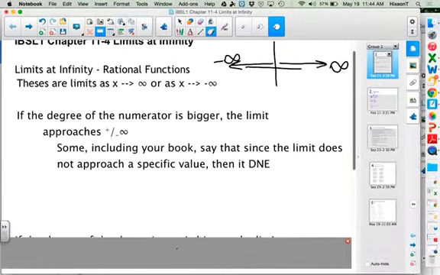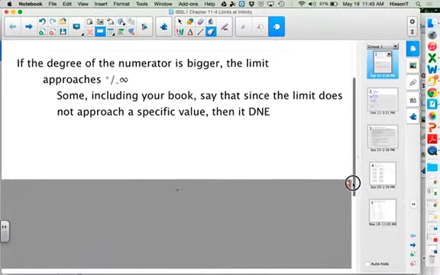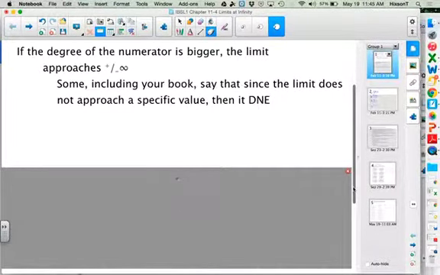The first of these is, if the degree of the numerator is bigger than the degree of the denominator, the limit approaches positive or negative infinity. Now, we talked about this before, this is a case where our limit is going on and on forever towards positive infinity or towards negative infinity, some, including your textbook, say then that the limit does not exist. I would take either result.